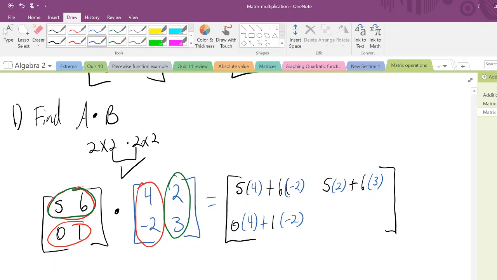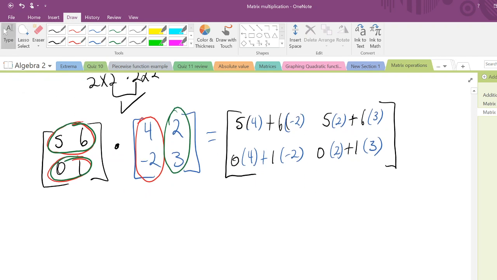And then lastly, I have my green, so I'm going to do this second row times the second column. So I have 0 times 2 plus 1 times 3.